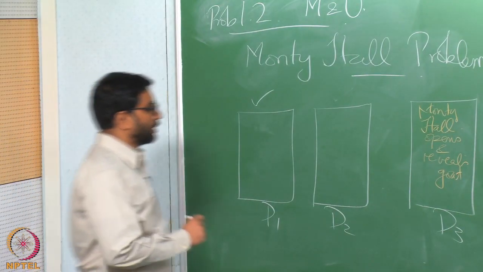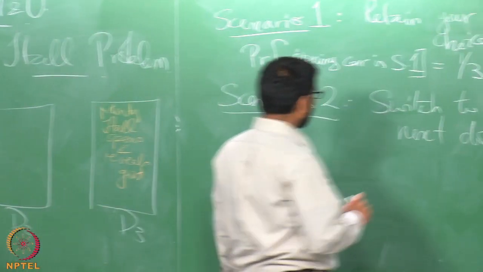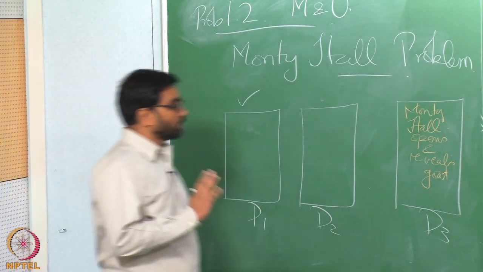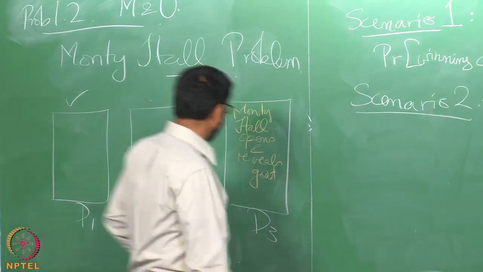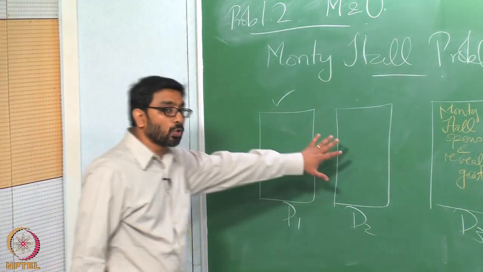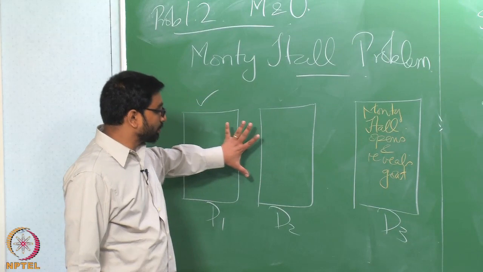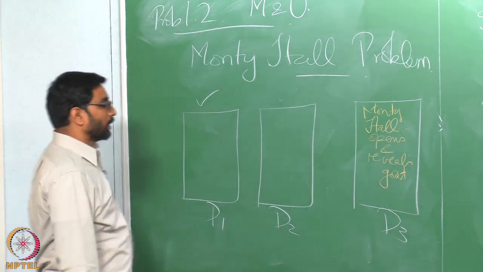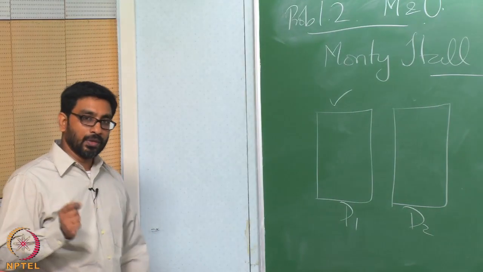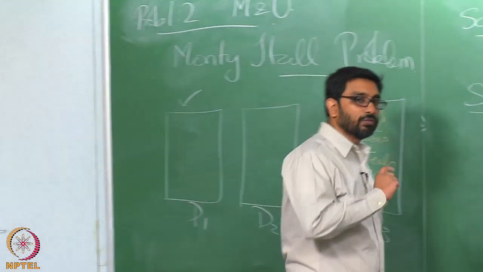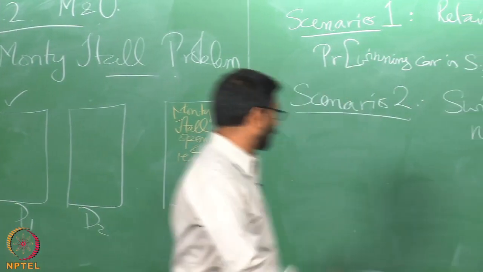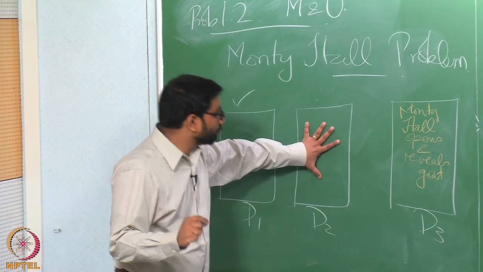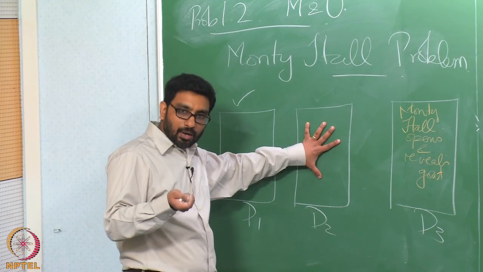What about scenario 2? Scenario 2 is a little bit more tricky, but let us think about what happens. There are two possibilities that could have happened. One is your first choice, in this particular instance D2, could have been a car, and if that had been the case, you lose. But the other scenario is that the first choice that you made was not a car.